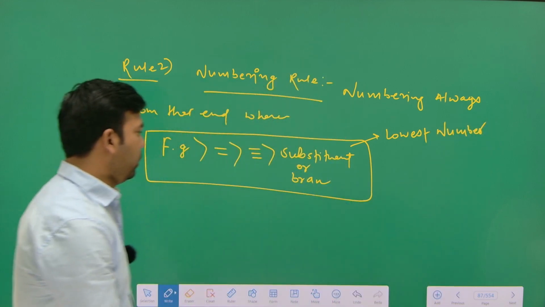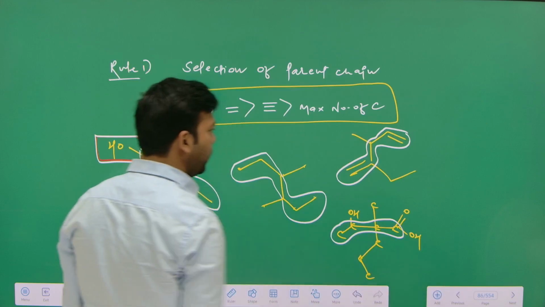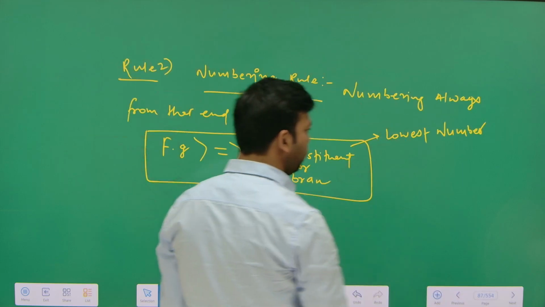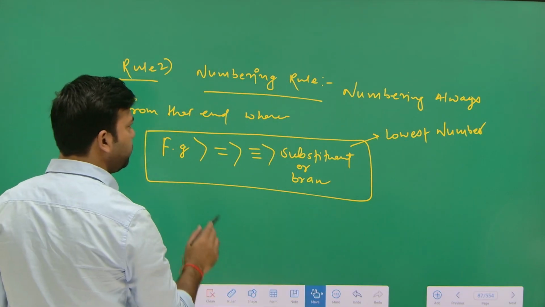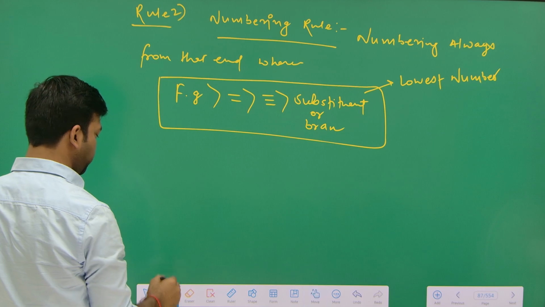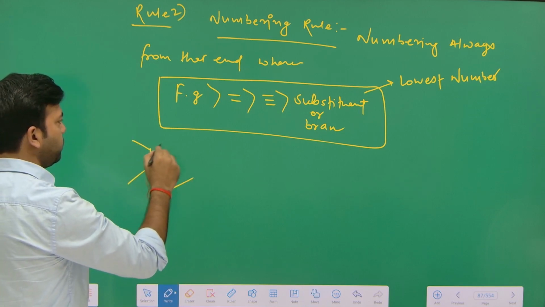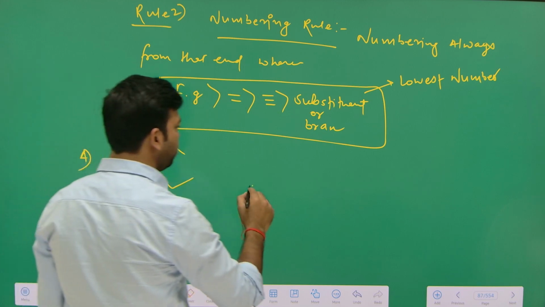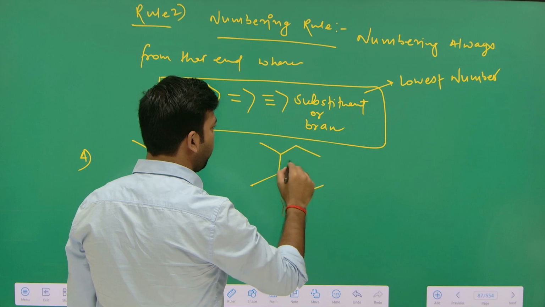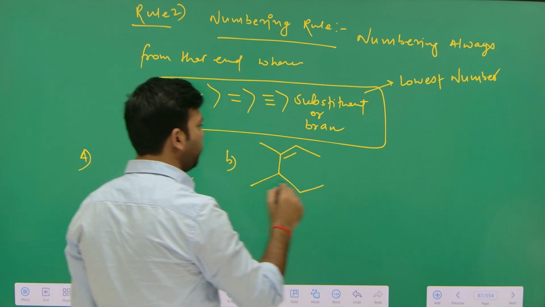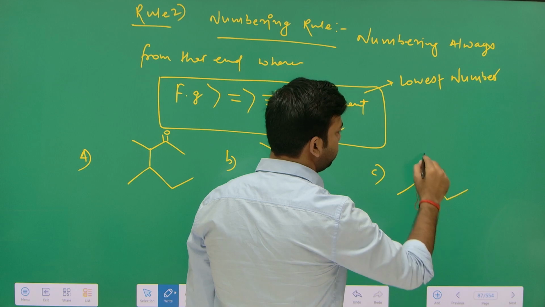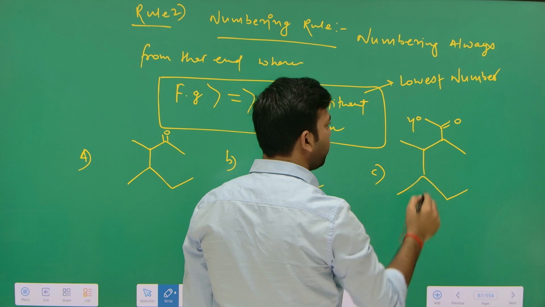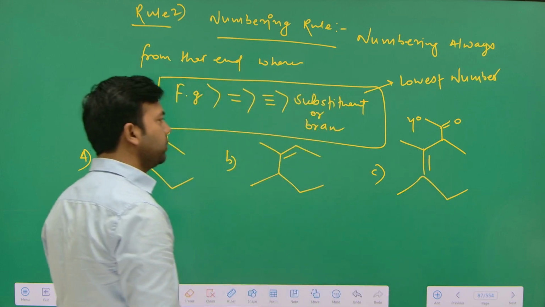Okay. So we can discuss this one in the previous example as well. Look at here. Let's do a new one. Suppose we have this one. This is A. This is B. And this is C. Clear?